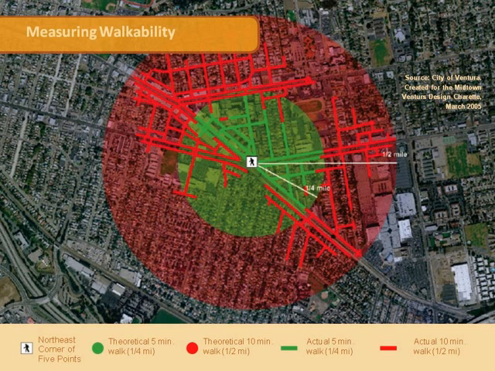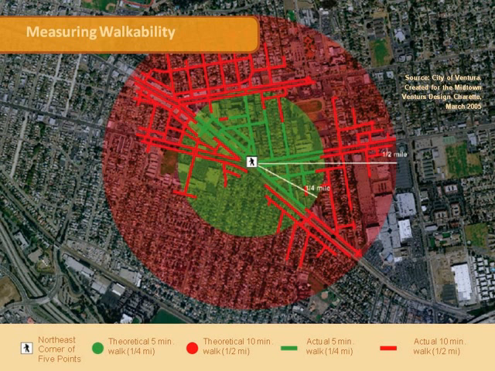So the circles on the screen show a walk shed. We know that in planning best practices, people often will walk a maximum of a quarter mile to get to stores or transit hubs and so on, and a half mile is the outer range of that.